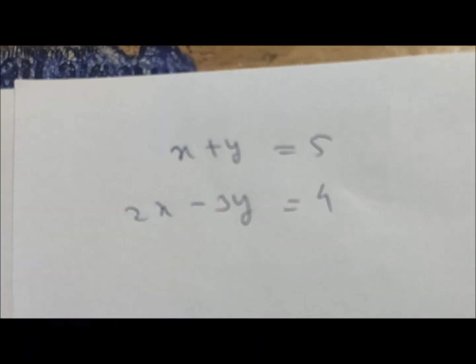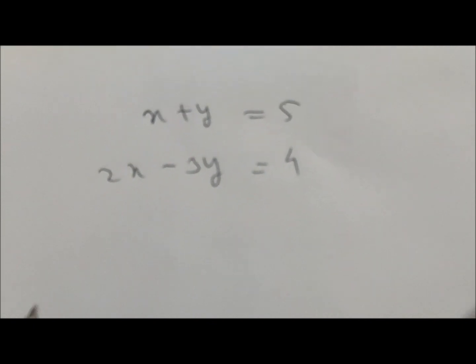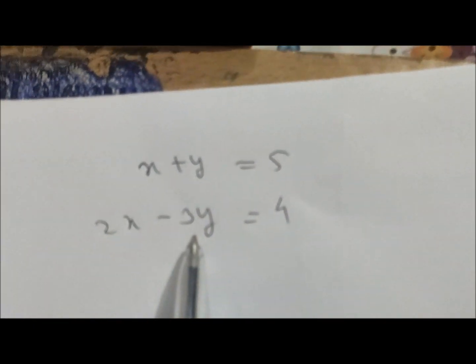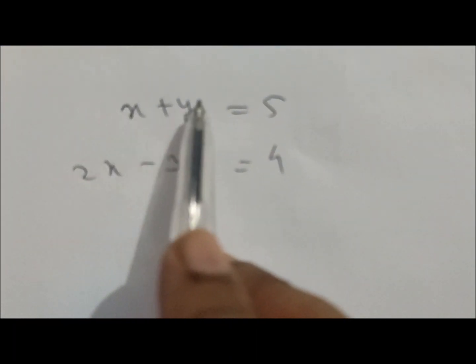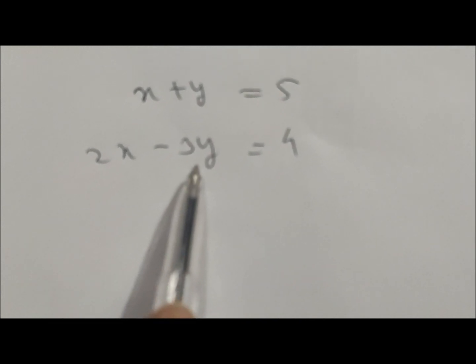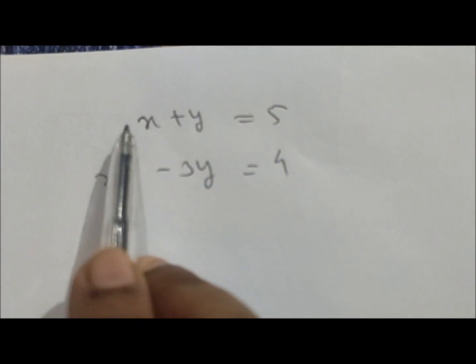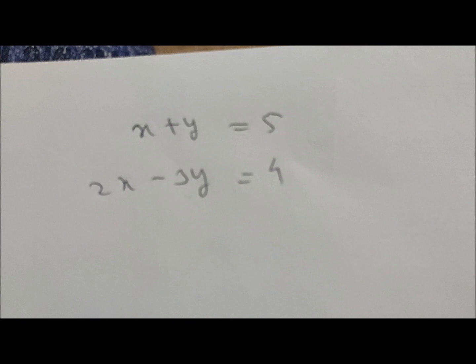The equations were x plus y is equal to 5 and 2x minus 3y is equal to 4. Now we know that this pair has only one solution. For applying the elimination method, the coefficient of one of the variables must be equal. Here the coefficient of x is 1 and here the coefficient of x is 2.